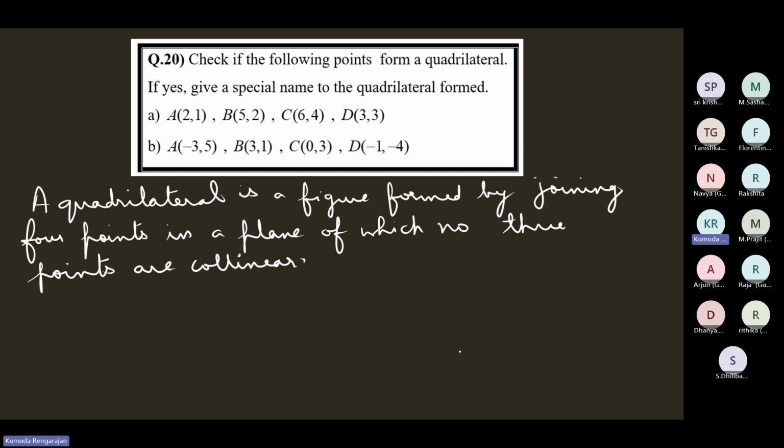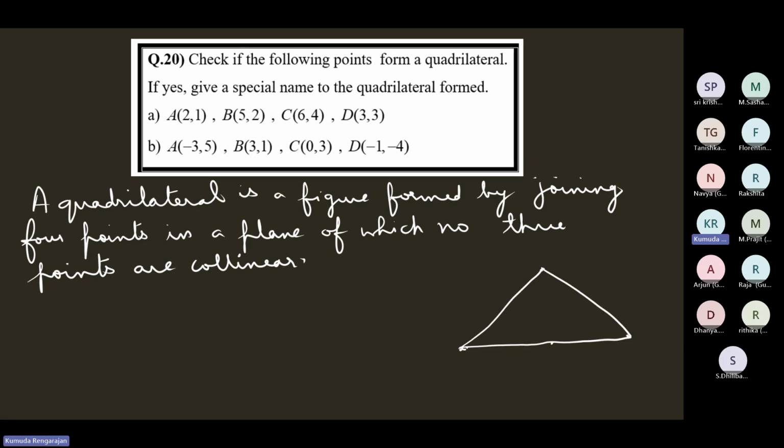because it's not enough if you have 4 points in a plane. See, like we have 4 points in a plane. But now this one will not form a quadrilateral because these 3 points are collinear. So though we have 4 points, we are able to connect them and make a triangle only, not a quadrilateral.